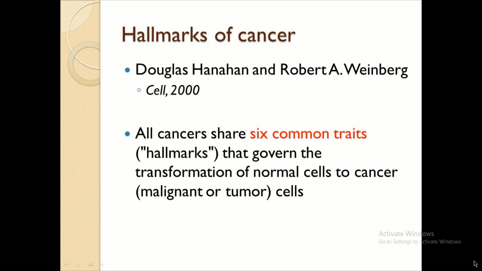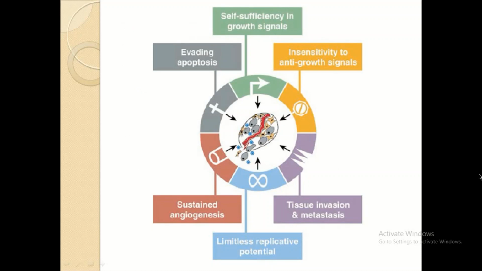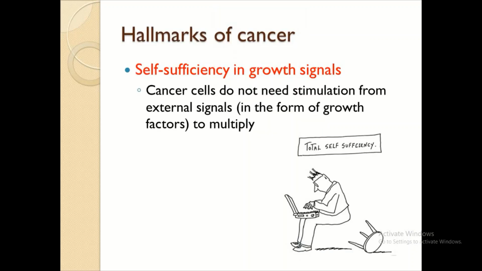Let us see what those 6 hallmarks of cancer are. Evading apoptosis, self-sufficiency in growth signals, insensitivity to anti-growth signals, sustained angiogenesis, limitless replicative potential, tissue invasion and metastasis. We are going to see each of these hallmarks in detail.